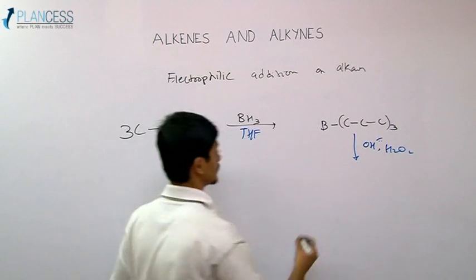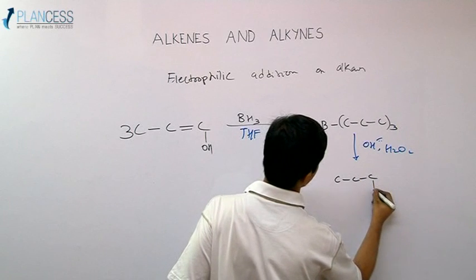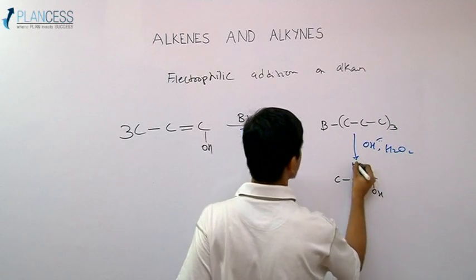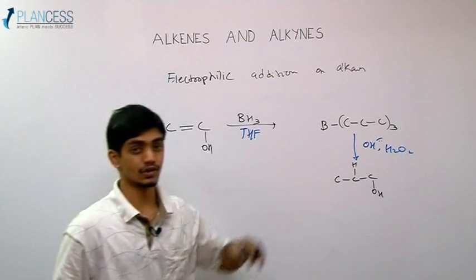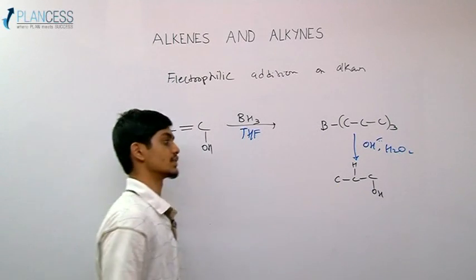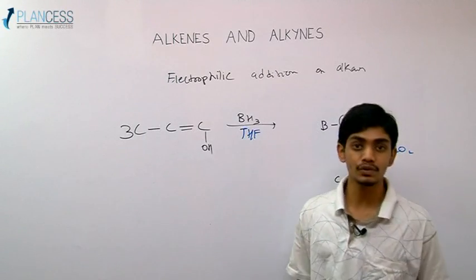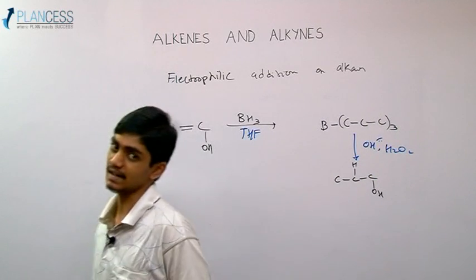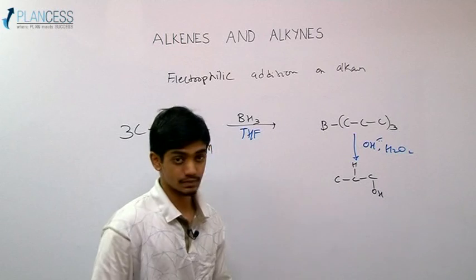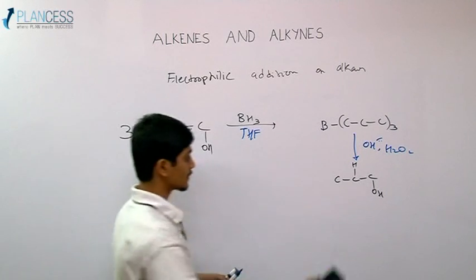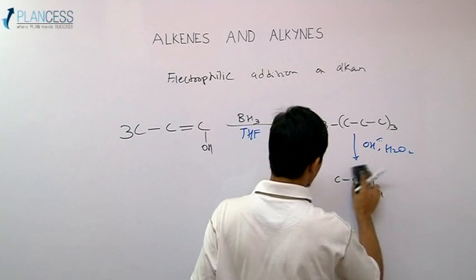That gives us the alcohol this way and hydrogen this way. That is the anti-Markovnikov addition. You are getting the alcohol on the terminal carbon, which is not possible with oxymercuration demercuration or even the acid catalyzed hydration. And the specific stereochemistry is that you get a syn addition.